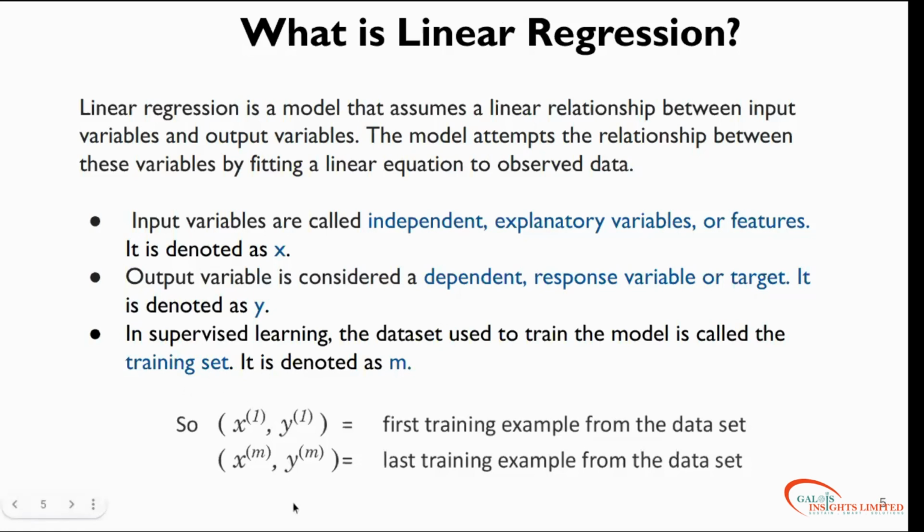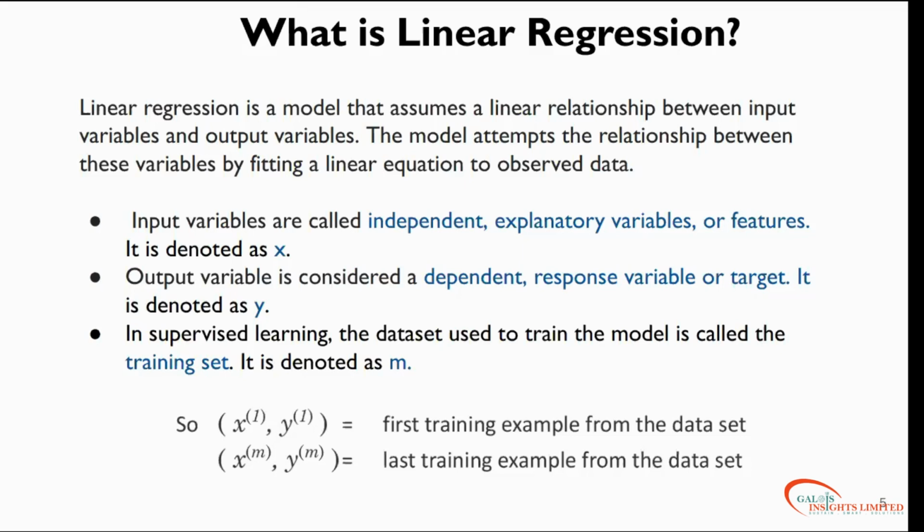Yes, xm and ym simply refer to the last training example. These are samples. For instance, if you have a collection of data points represented in a data frame, the first row can be what I am referring to as x1, y1, where x1 refers to the input features, which normally come in the form of a matrix.